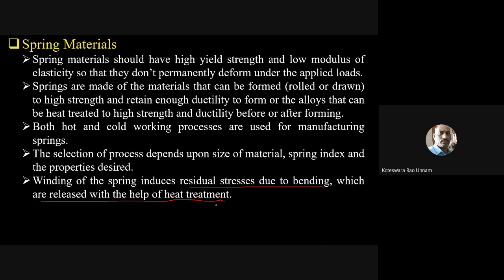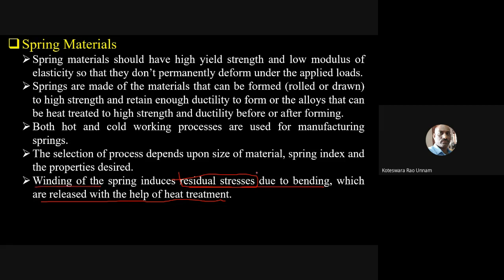That winding process will induce a residual stress in the spring. Residual stress means that before applying the load to the spring, there are still some stresses developed in the spring because of this bending process.